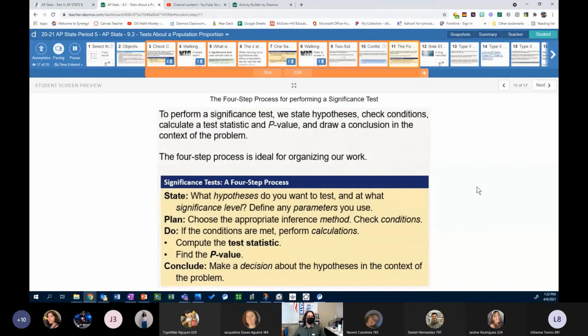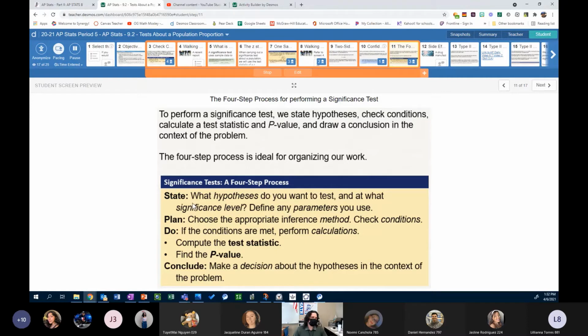On screen 11, our 4-step process. This is a very important process. This allows us to make sure that we're covering all the bases, that we're showing and doing everything we need to do when answering questions about testing hypotheses to get as much credit as possible in a testing situation.